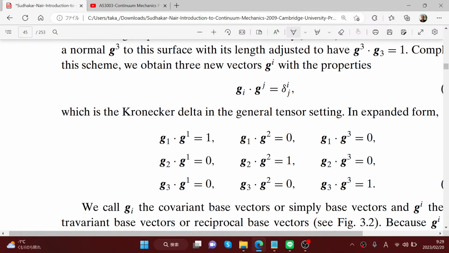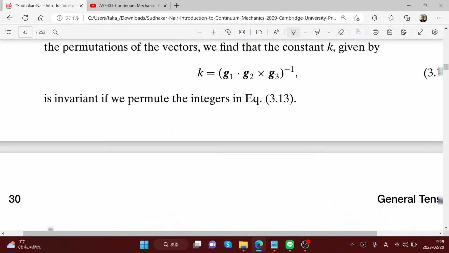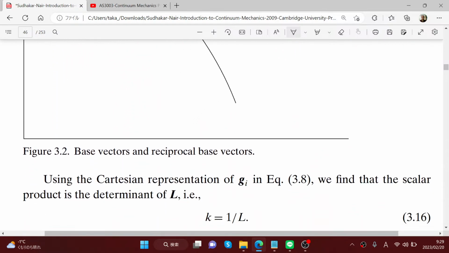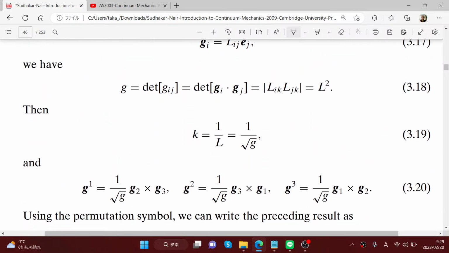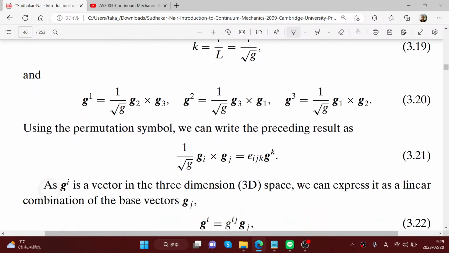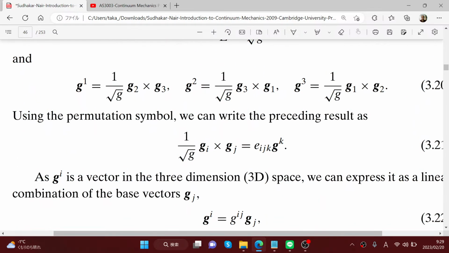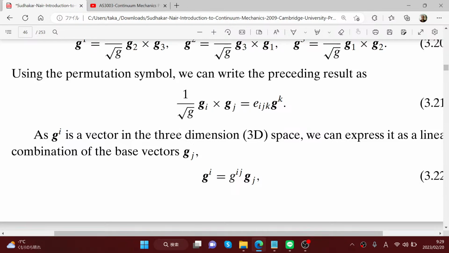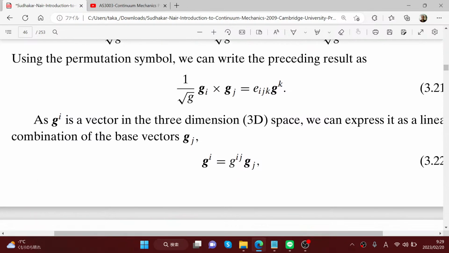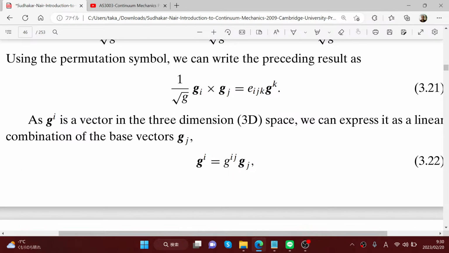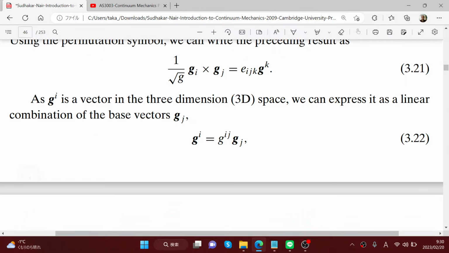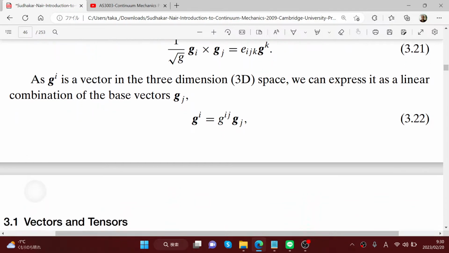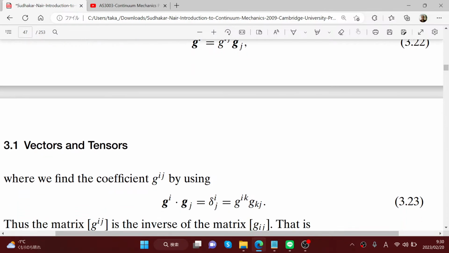So now we can move to the next one. Using a permutation symbol, as Gi is a vector in three-dimensional space, we can express it as a linear combination of the base vectors Gi downstairs.